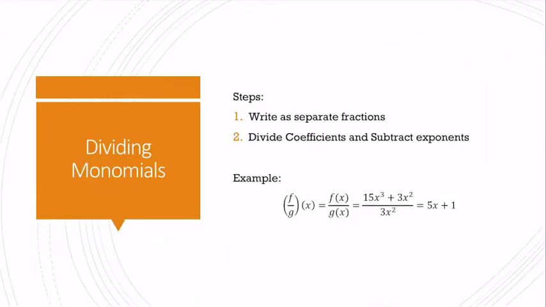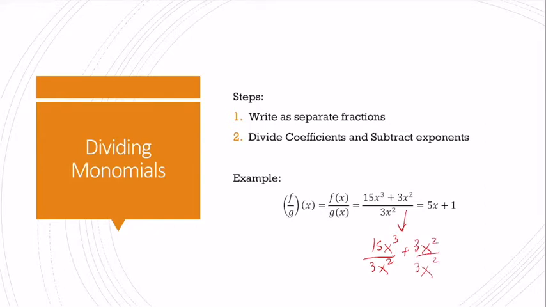So when we're dividing by a monomial, what we do is we write our monomial as separate fractions. We can divide the coefficients and subtract the exponents. So if I had 15x cubed plus 3x divided by 3x squared, I would rewrite this as 15x cubed over 3x squared plus 3x squared over 3x squared.